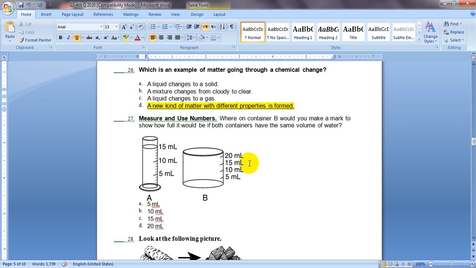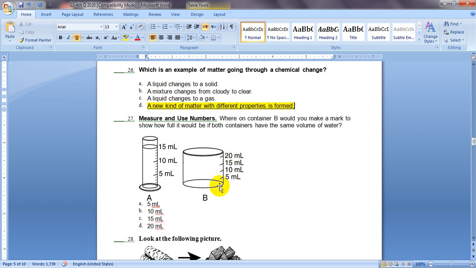The next, 27. Measure and use numbers. Where on container B would you make a mark to show how full it would be if both containers have the same volume of water? Which is the larger here? Which one is the larger? Letter A or letter B?